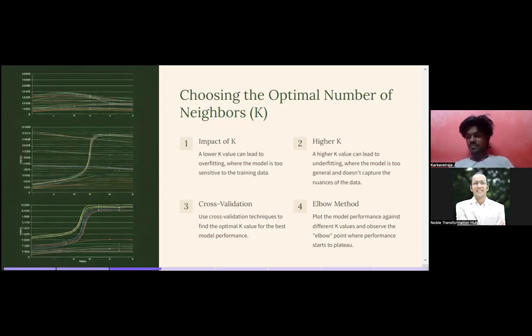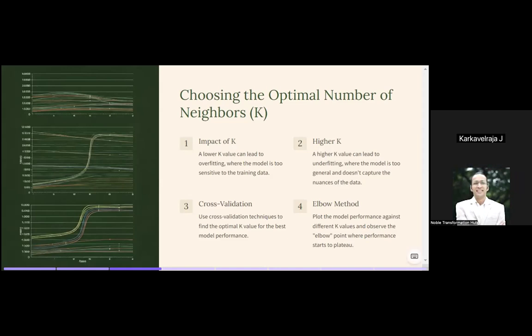Then, with a higher K value, what is the problem? It leads to underfitting, because the model is too general and doesn't capture the nuance of the data. It's too generic. So at one end it is too sensitive to the training data, that is overfitting.